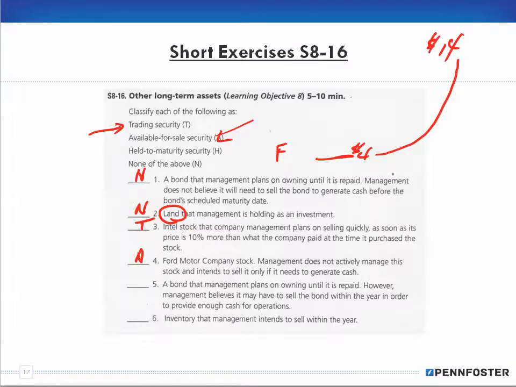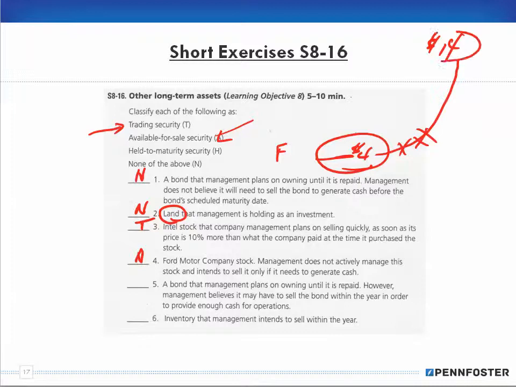Even though they could have been buying and selling as a trading security, you could have just said, okay, I'm going to buy Ford Motor at $4 and sit on it and sit on it, because I know it's an undervalued company, and I do expect it to go up, and I don't need the cash, so I'll just sit and wait.